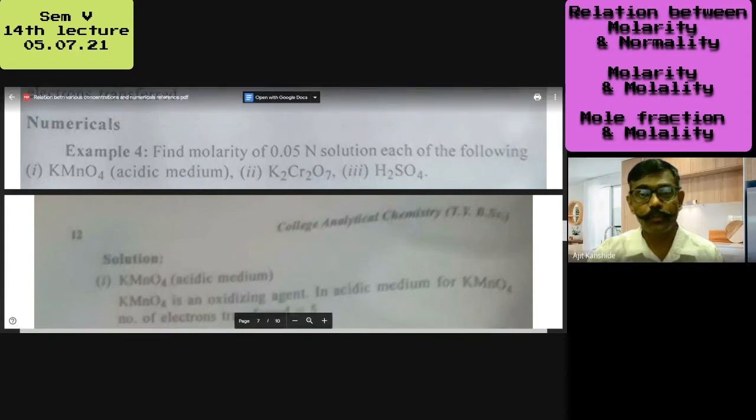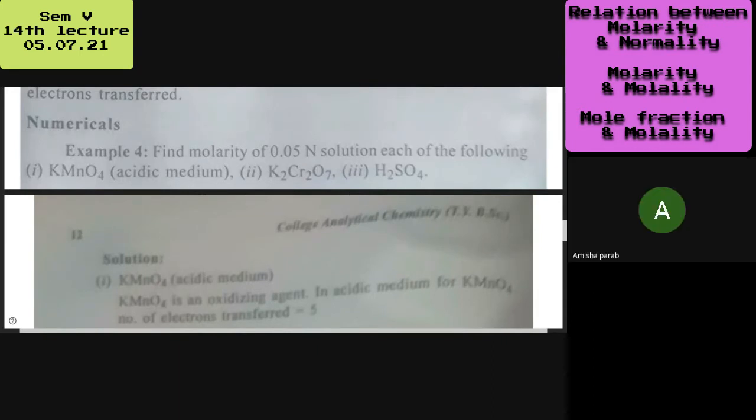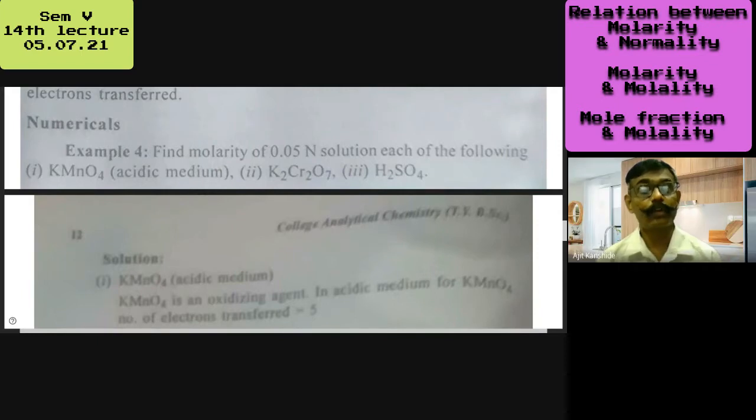Okay, good. Now see K2Cr2O7, potassium dichromate. In this, which ion will undergo oxidation or reduction? Right, chromium. What is the charge on chromium now in K2Cr2O7? Plus 6.